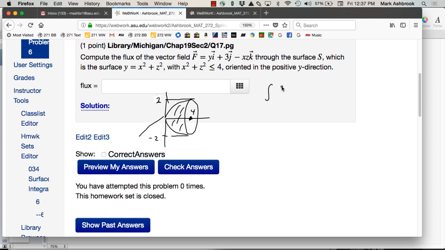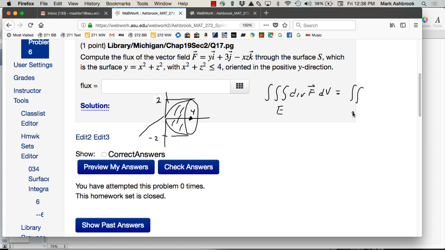So if I were to write the triple integral over E of the divergence of f dV, what surface integral would it equal? The surface integral of the disk plus the paraboloid. Right.